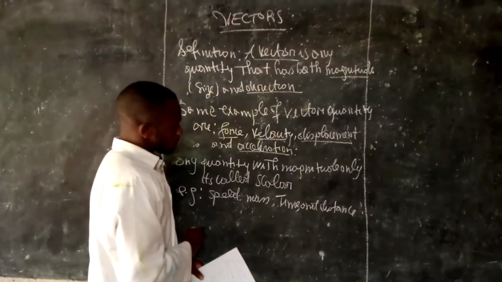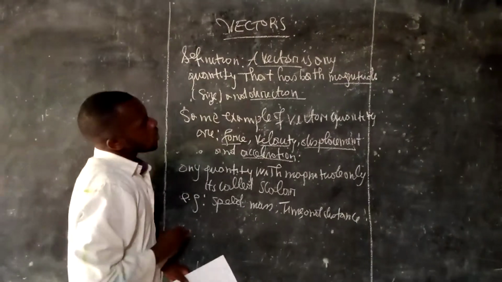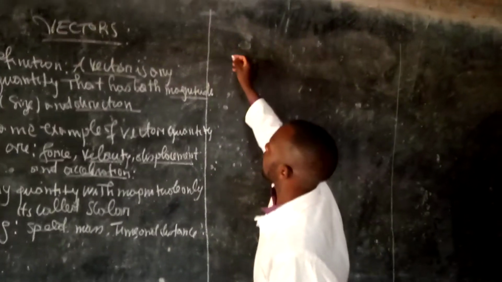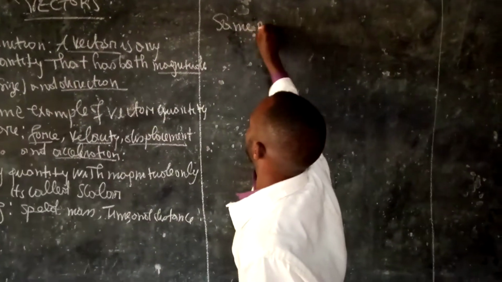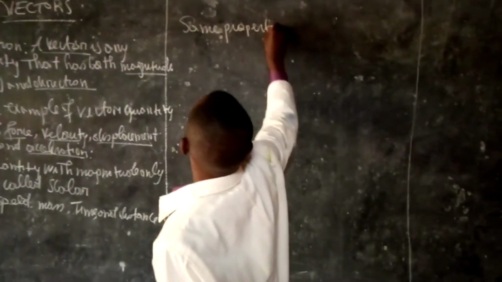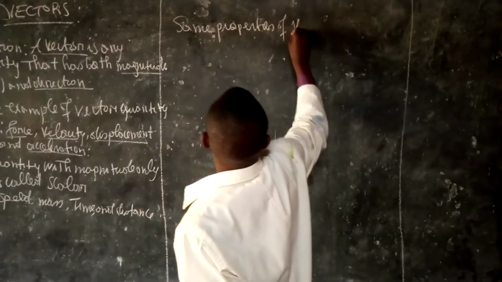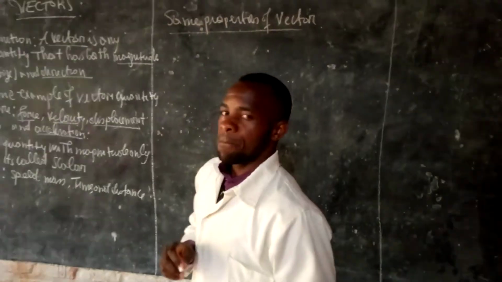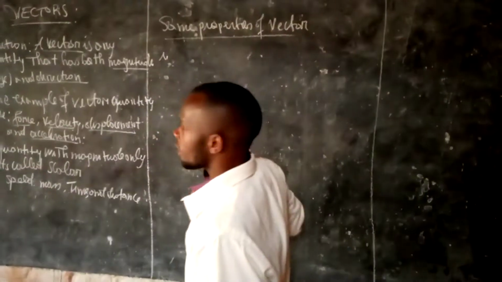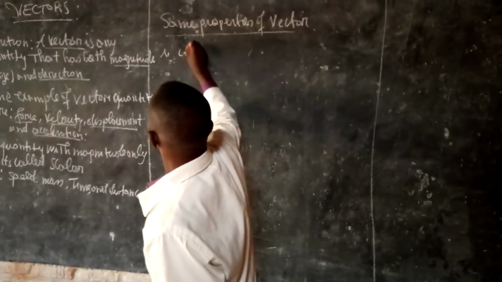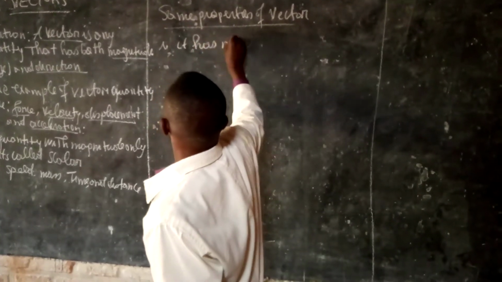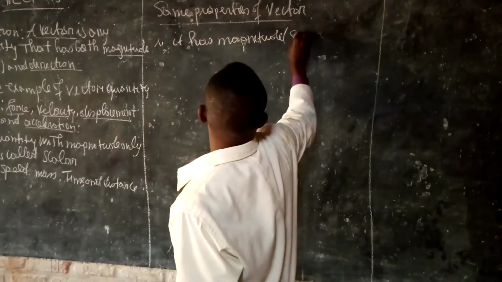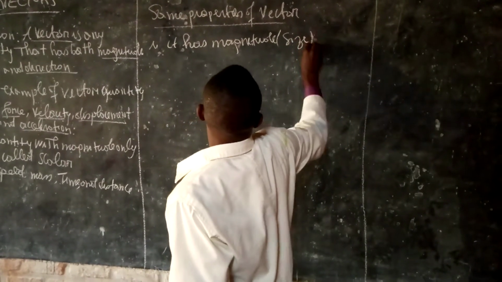So now, apart from the definition of vector, let us go on to some properties of vector. The first property of vector: a vector has magnitude, meaning that it has size or length.